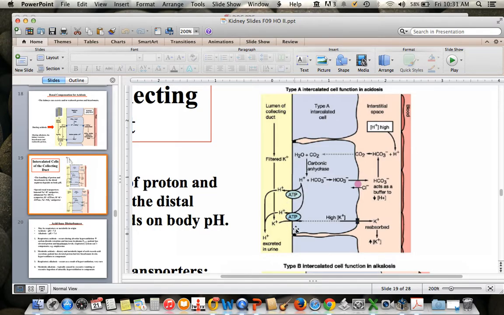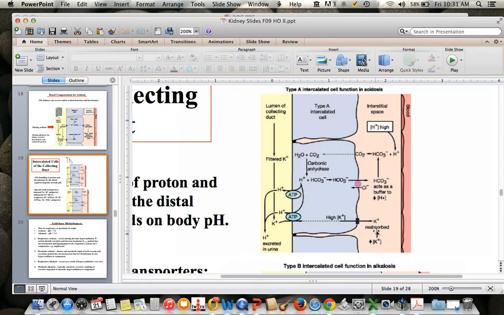We also have a transporter that causes reabsorption of potassium, so that as we pump out the protons here, we take in the potassium here and we reabsorb it. So this helps to elevate our potassium inside of our bodies.